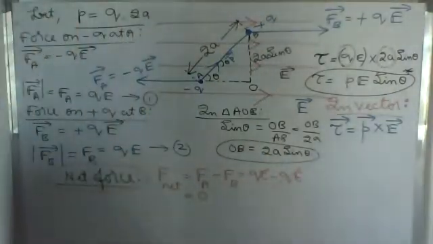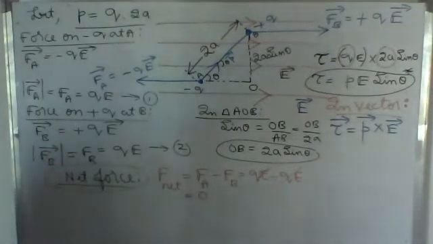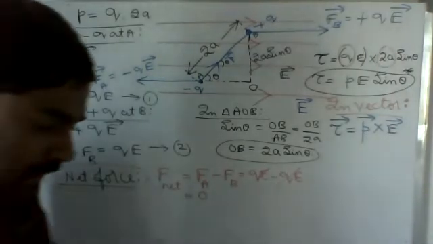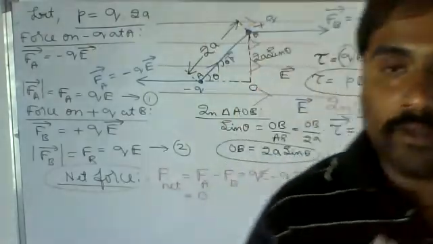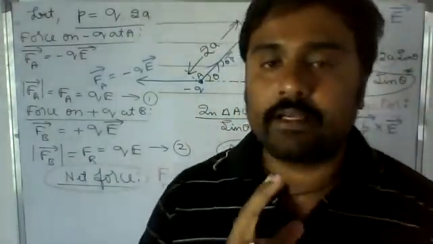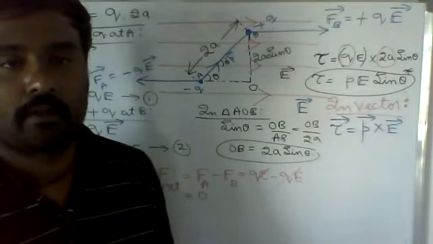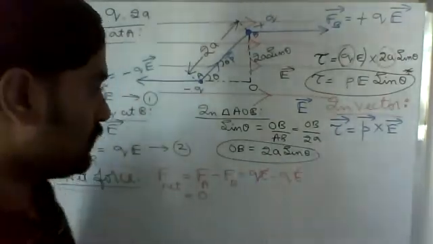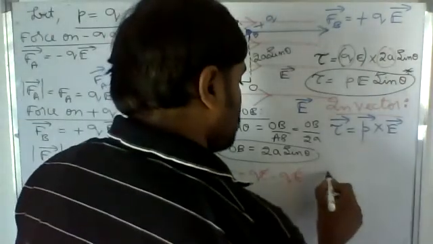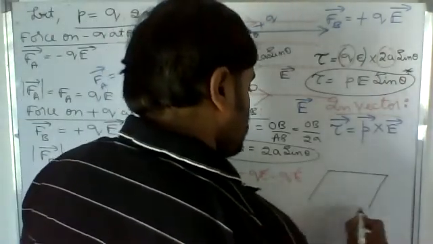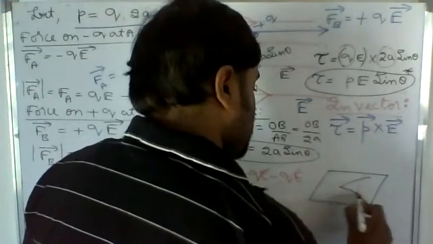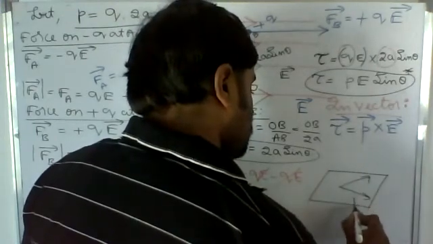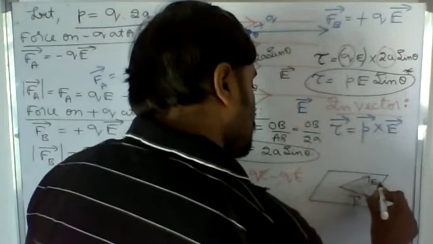So what is the direction of torque? The direction of torque can be calculated by using the right hand corkscrew rule. Actually here, the P vector and E vector are the rotational vectors.